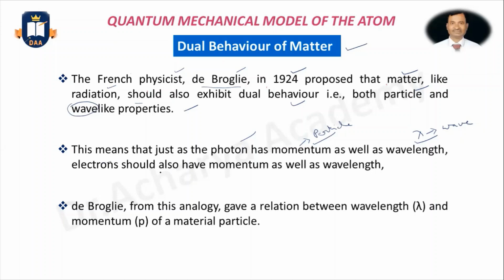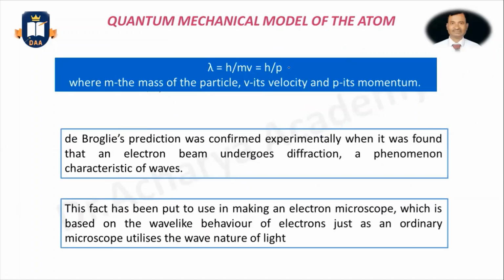And electrons should also have momentum and wavelength. So de Broglie, from this analogy of dual behavior of matter, gave a relation between the wavelength, which corresponds to the wave-like properties, and the momentum, which shows the particle-like properties. The equation is lambda is equal to h by mv, which is again equal to h by p.